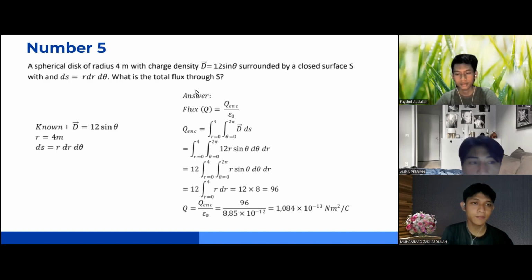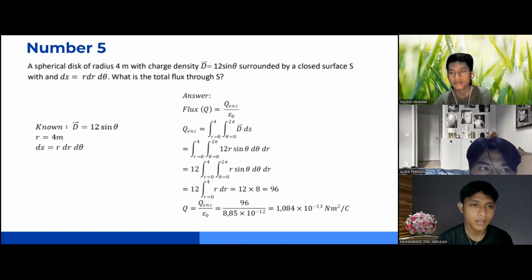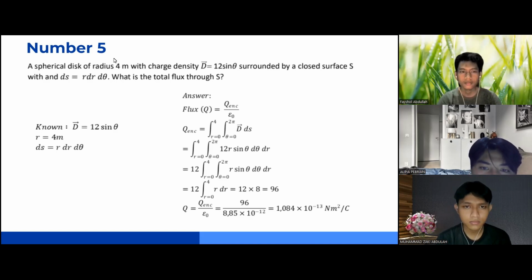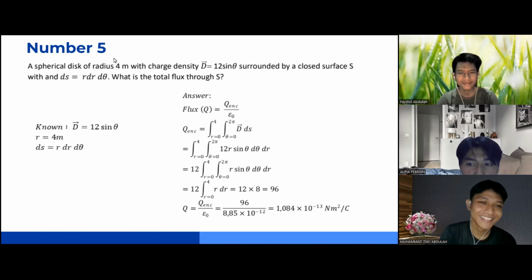And number 5, a spherical disk of radius 4 meter with charge density vector D equals 12 sin θ, surrounded by a closed surface S with dS equals r dr dθ. What is the total flux through S? First, we must search for the known vector D equals 12 and r equals 4 meter, dS equals r dr dθ.